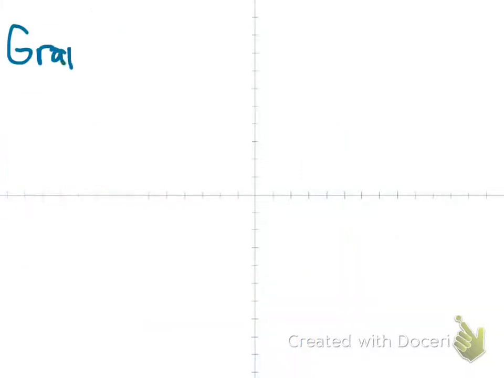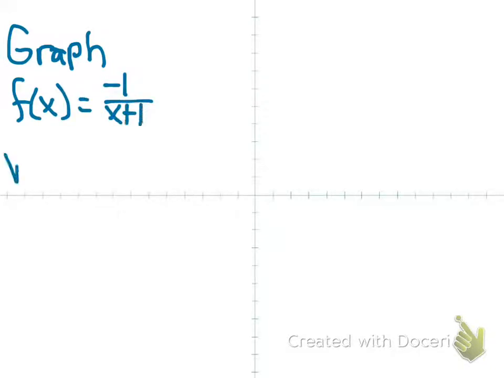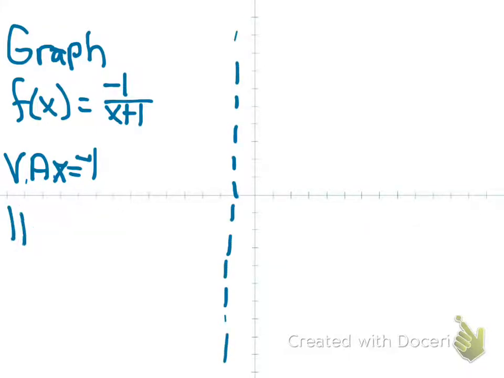Okay, so let's look at another example. Graph f of x equals negative 1 over x plus 1. Vertical asymptote would be x equals negative 1. Horizontal asymptote, there is no k, so my horizontal asymptote in this case will have to be 0, because I'm saying plus 0.